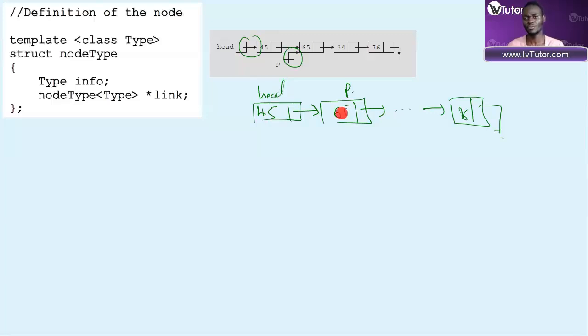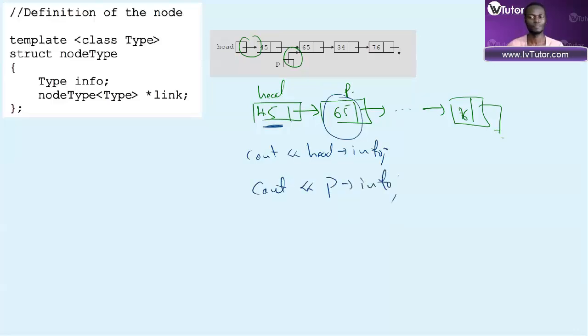If I want to refer to this node, I can use this pointer. So if I want to display the value of this node, I could do something like cout, then I say head dot info, like this. This would display the value of node 45. Likewise, if I want to refer to this node, I just use p. So I can say cout, then I can say p dot info, and I'll display info.